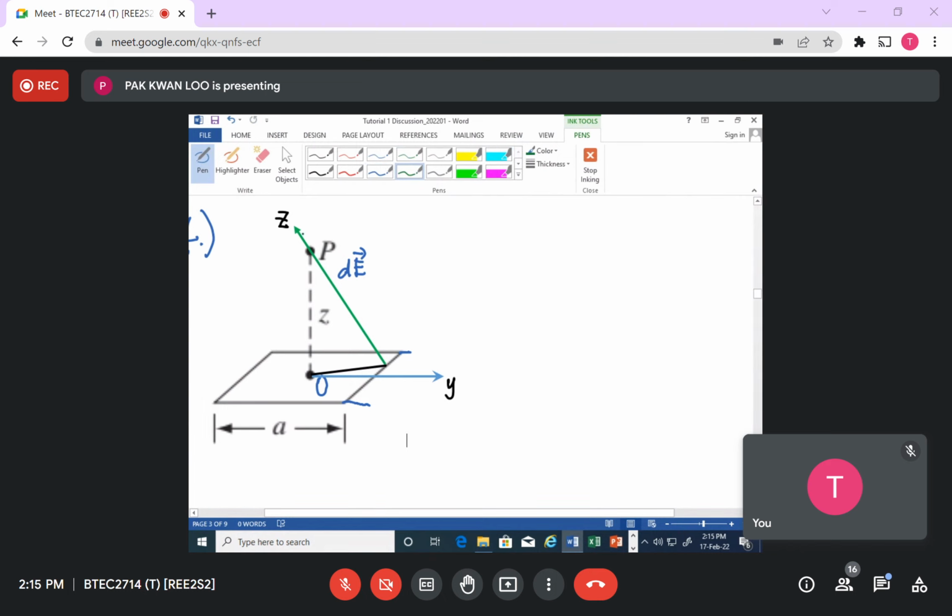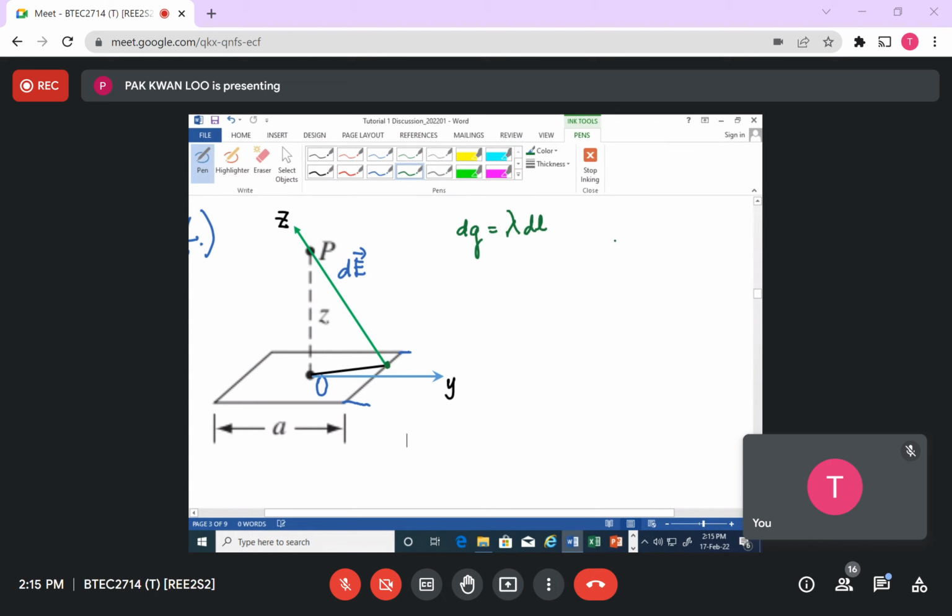So the green line represents the direction of the electric field contributed by a point charge here. I will put a green dot here just to represent the point charge. The point charge dq is represented by lambda times the infinitesimal length, which is dl.